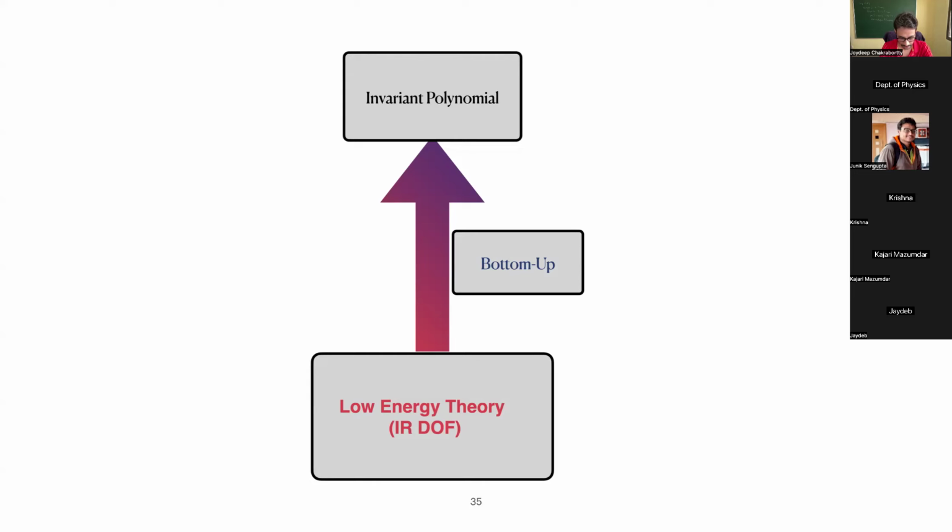Just to recall the main theme from yesterday, there are three broad pillars. One is the bottom-up approach, where there is no notion of a UV theory. We do not have any clue, and I do not mean theoretically, rather experimentally.